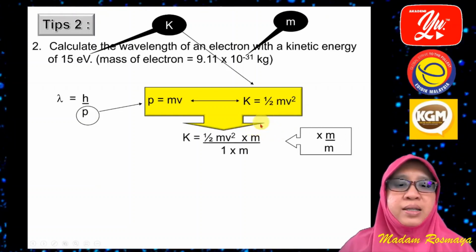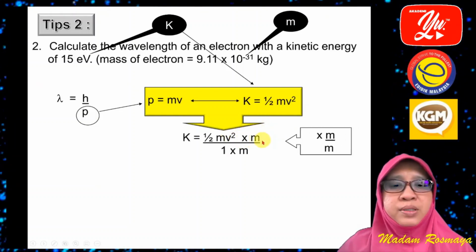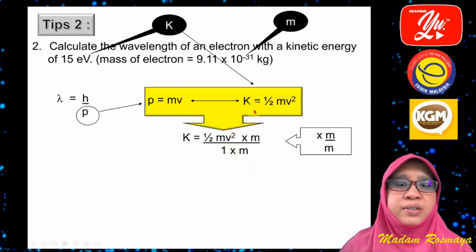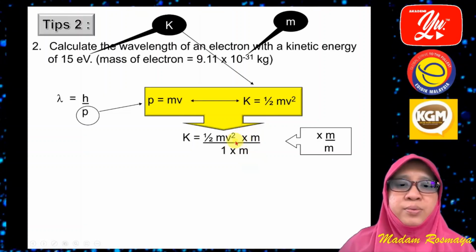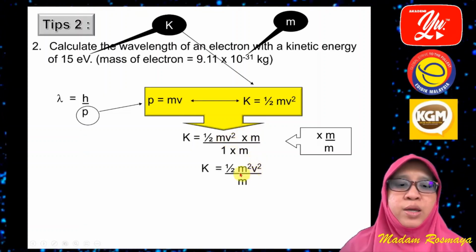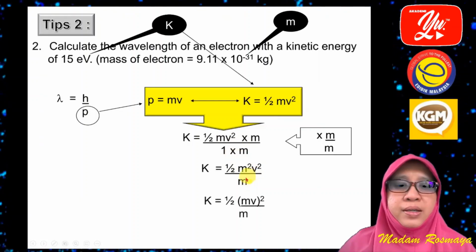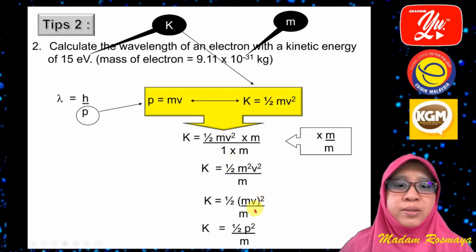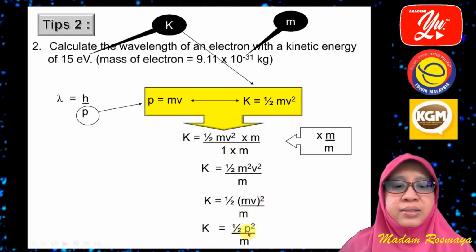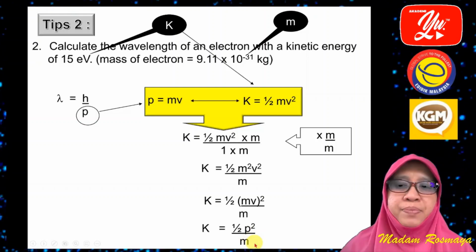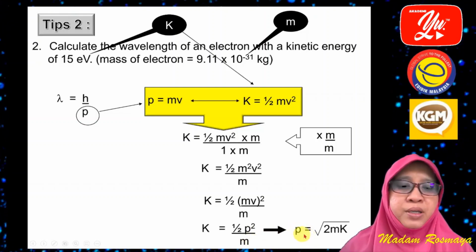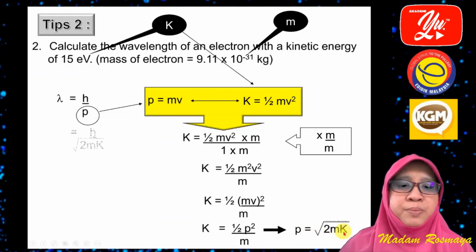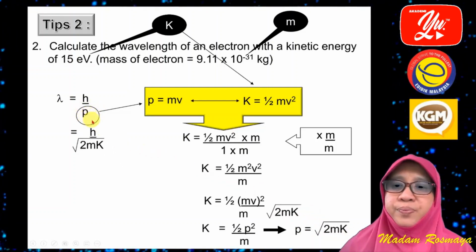Start with the kinetic energy and multiply m in the numerator and denominator, so we get half m squared v squared per m. Then mv squared, this equals the momentum, so we substitute the momentum in here. We get kinetic energy equals half p squared per m, and cross multiplying, we get p equals the square root of 2mK, where K is the kinetic energy. Now this p we substitute into the wavelength equation.